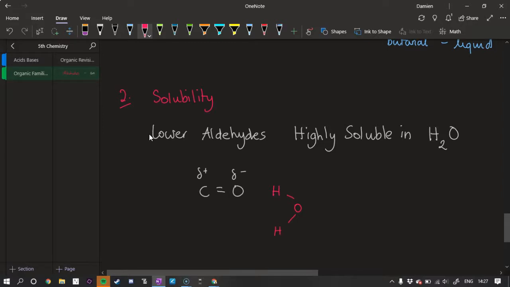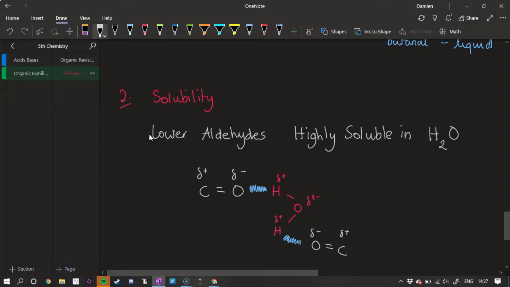The water molecule is a polar molecule as well, and this end is slightly negative, and this is slightly positive. Again, we'll look at polarity again at a later point. So again, this oxygen is attracted to this hydrogen because opposites attract. The same thing would apply over here. You would have another carbonyl group on this side, where this is slightly positive and this is slightly negative.